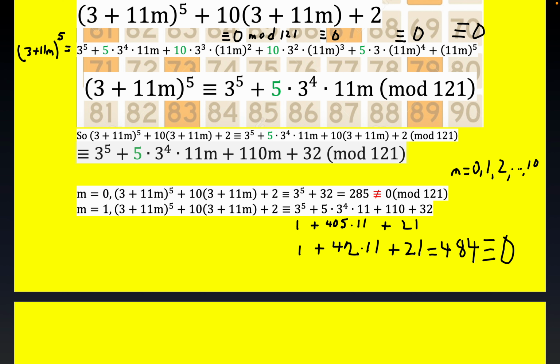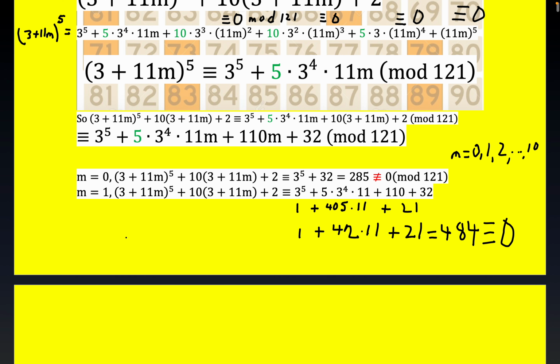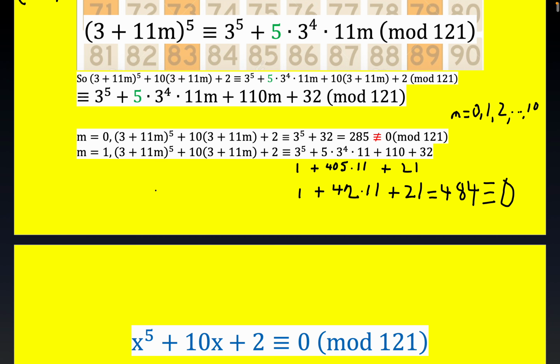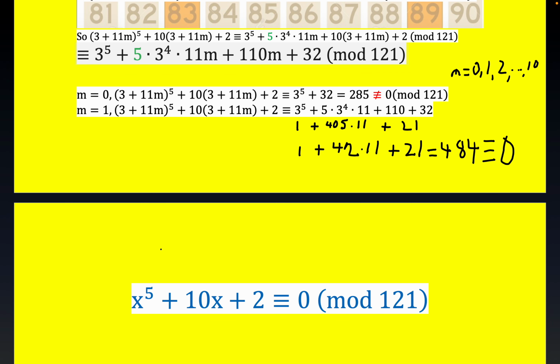So what we get is 14 as a solution. That is 14 to the 5th plus 10 times 14 plus 2 will be congruent to 0. We just showed it right up here, folks.